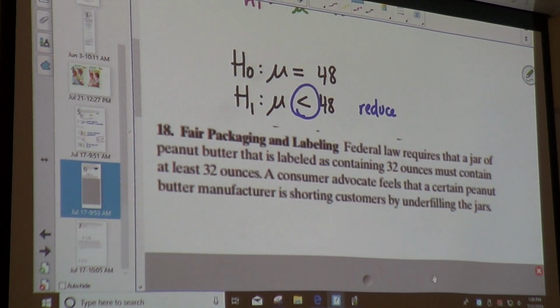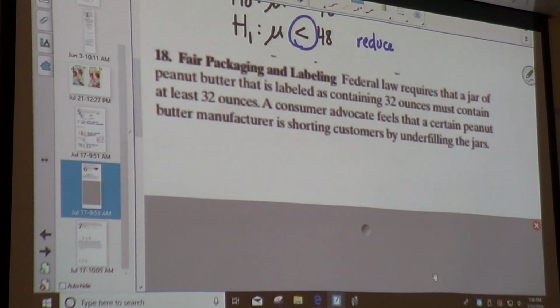Okay, look at this one. I want the H naught and the H1. An average jar of peanut butter is labeled as containing 32 ounces, must contain at least 32 ounces.